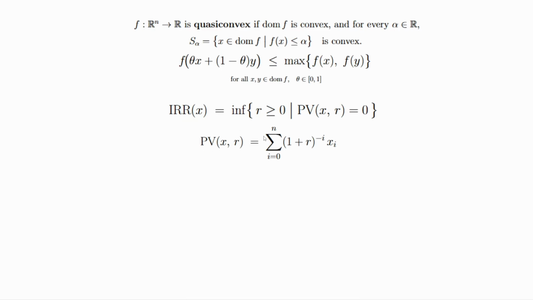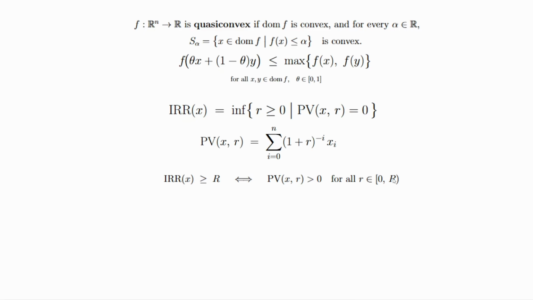So my claim is that the internal rate of return is quasi-convex in x. And the proof is elegant but straightforward. If we take the internal rate of return to be greater than or equal to some r value, this is the same as saying that the present value is greater than 0 for all r within a range of 0 to r.